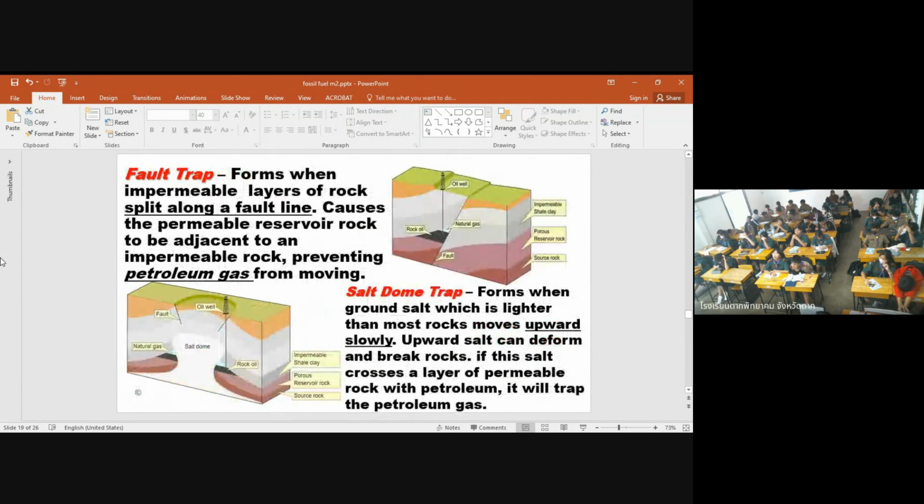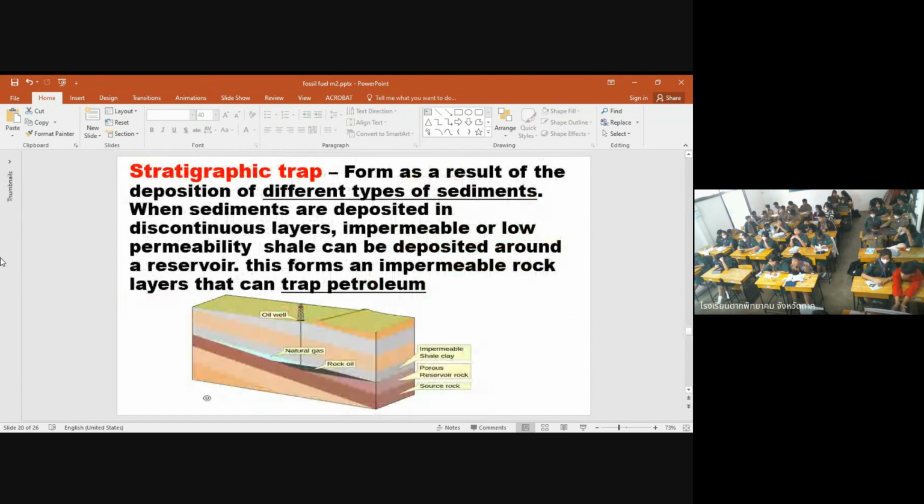Next, we have your fold trap, salt dome trap, and your last, we have your stratigraphic trap. You have to exercise your reading. So that is your four traps.